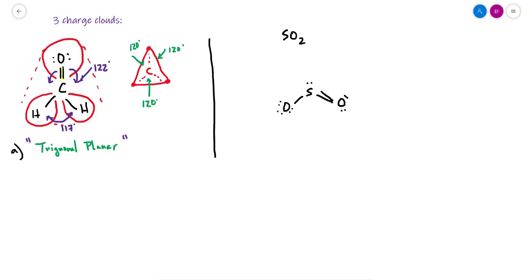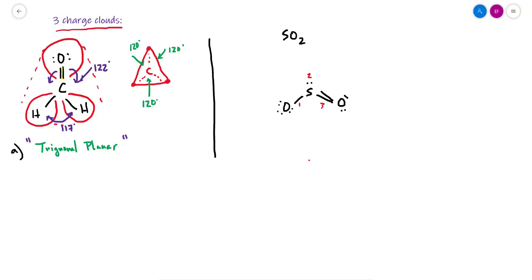Another example would be this molecule SO2. And so SO2, if we look at the central atom here, it's got this one single bond here that forms a charge cloud. It's got a lone pair, and then it's got a double bond. So it's got 3 charge clouds, which is why it fits into this category, even though it's only got 2 bonds. And so it can be a little misleading.